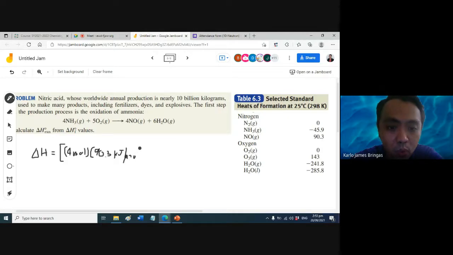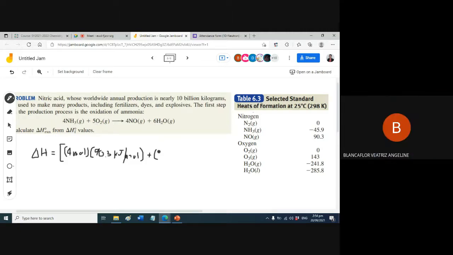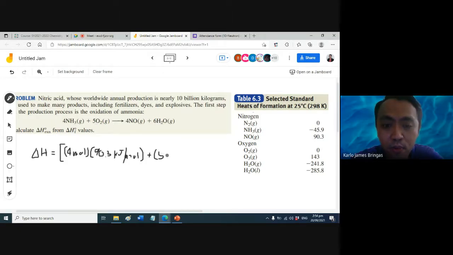So we can write a similar thing as well para kay oxygen. So plus, ano bang coefficient ni oxygen here? 5 po. So that's 5 moles oxygen times the heat of formation ni oxygen, which is how much? 0 po. Okay, thank you. So that takes care of all of the products.